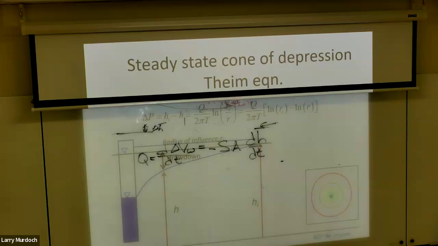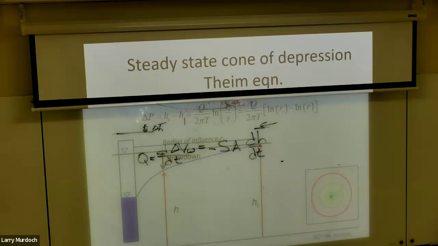And if we're assuming that's constant, then that's a constant, and we can separate this and write it like that. So here this is saying that the drawdown is just a radial function, or a logarithmic function of the radial distance.